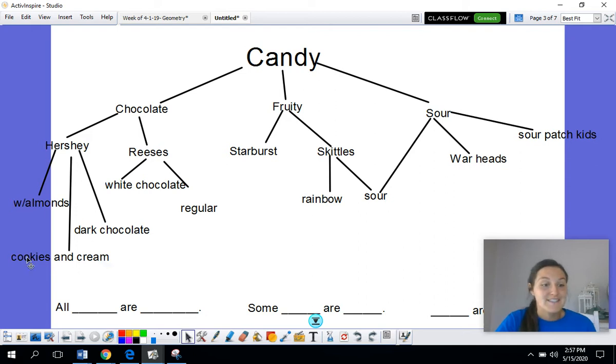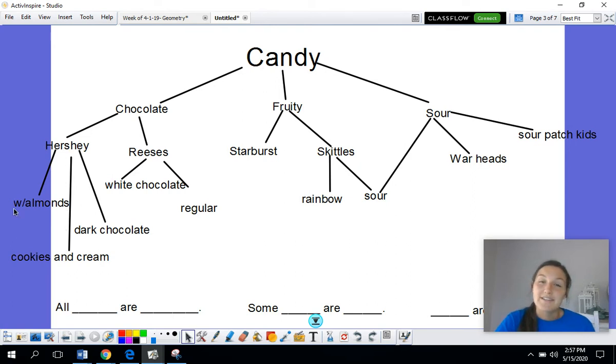So for instance, for this cookies and cream Hershey, I could say all cookies and cream Hershey bars are chocolate because that's true. The cookies and cream is connected to the Hershey, which is connected to the chocolate. I could also say that all cookies and cream Hershey bars are candy. Again, that's true. It's connected all the way to the top.